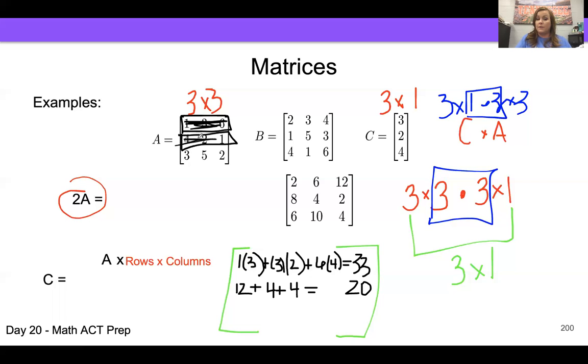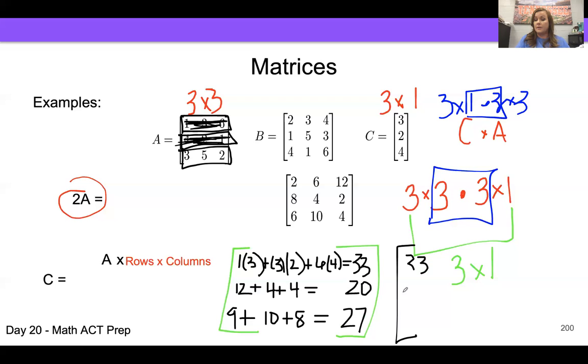Now I'm ignoring this row, and I'm only going to focus on the third row. 3 times 3 gives me 9, plus 5 times 2 gives me 10, plus 2 times 4 gives me 8, equals 27. So my resulting matrix here is 33, 20, 27.